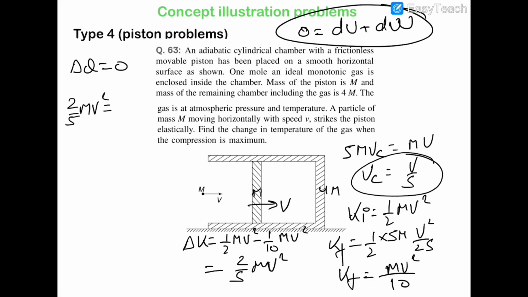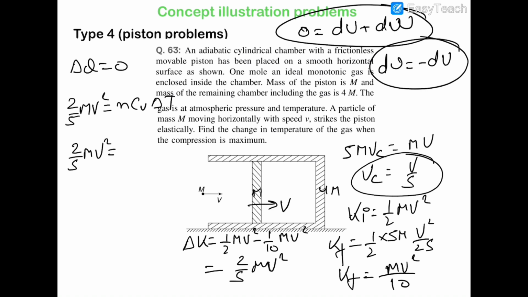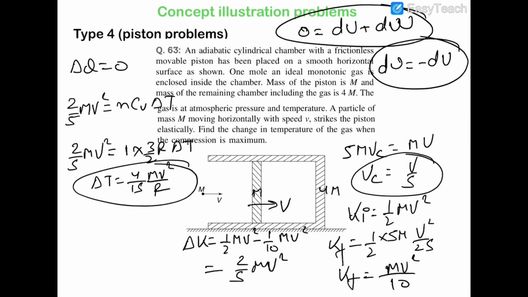So we can say that dW will be equal to minus dU, and this work done will be negative because this work is being done against the gas and the gas is being compressed. So the change in internal energy will be positive, and it would be nCv delta T. So Cv is 3 by 2 R. So 2 by 5 mv square is equal to, n is 1, and this is 3 by 2 R delta T. So delta T will be equal to 4 by 15 mv square by R. So the correct answer is this change in temperature.